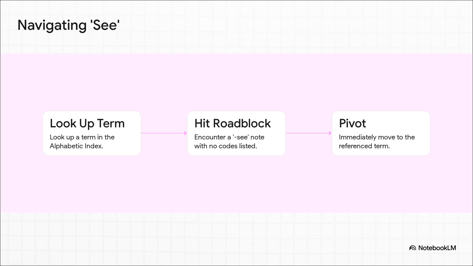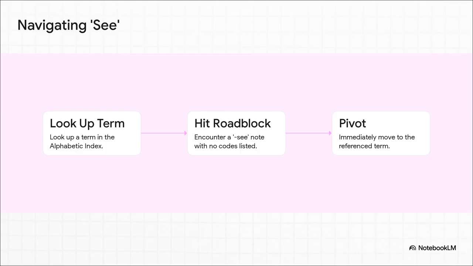Let's apply this using a real example directly from our source texts. Step 1. You go to the alphabetic index and you look up the main term nephritis. But right away in step 2, you encounter a giant roadblock. Next to your term, it just aggressively points away and says, "see nephrosis". There are no codes printed next to your original term, none at all. So step 3, you must immediately pivot.